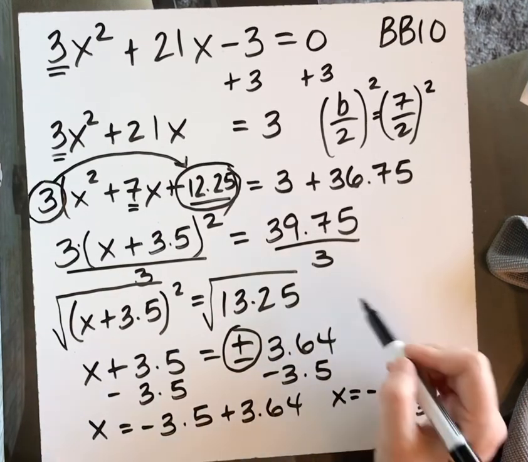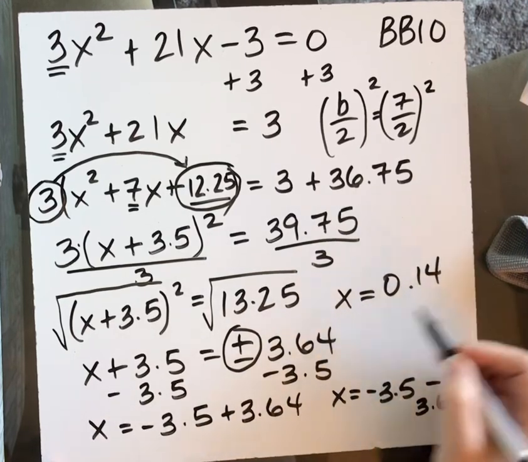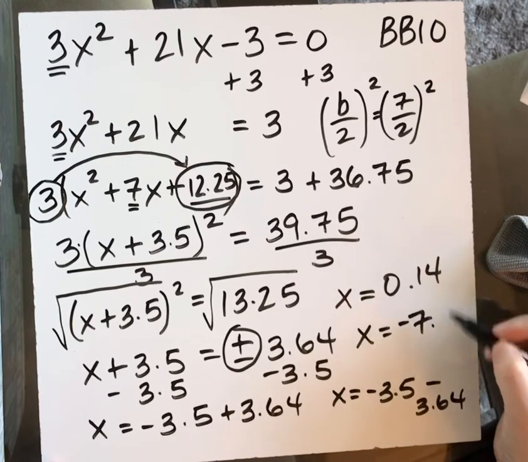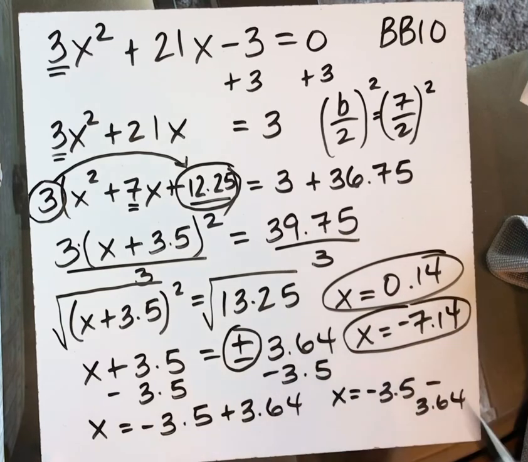So x equals 0.14, and x equals negative 7.14. Make sure you round to the nearest hundredth.